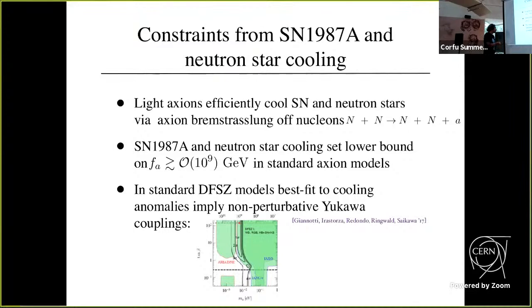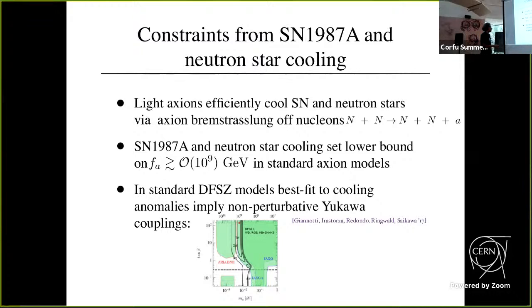The vertical axis is tan beta, the horizontal is the mass, or equivalently Fa. The best fit Fa is roughly 10^9. But what maybe is not that visible is that tan beta here is above 100.